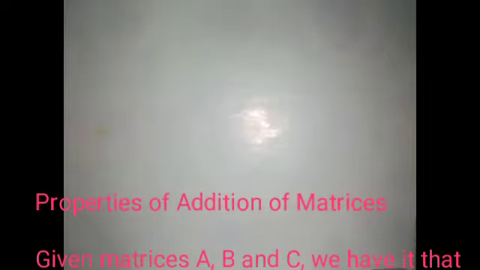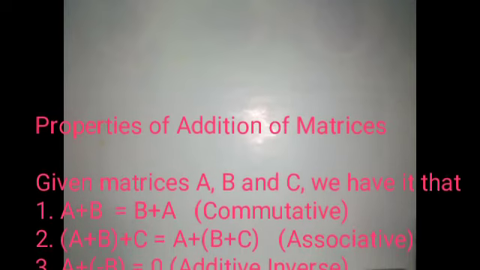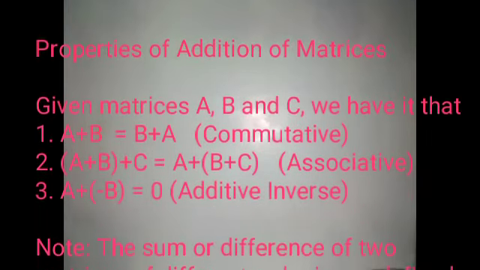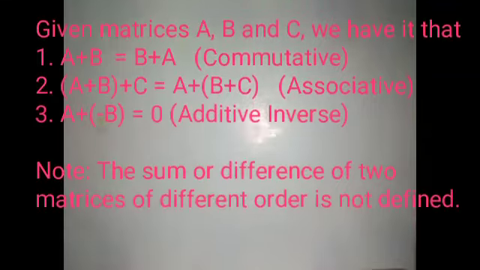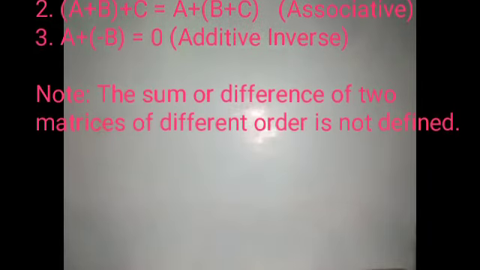Up next, we'll look at the properties of addition of matrices. Addition of matrices of the same order is associative and commutative.